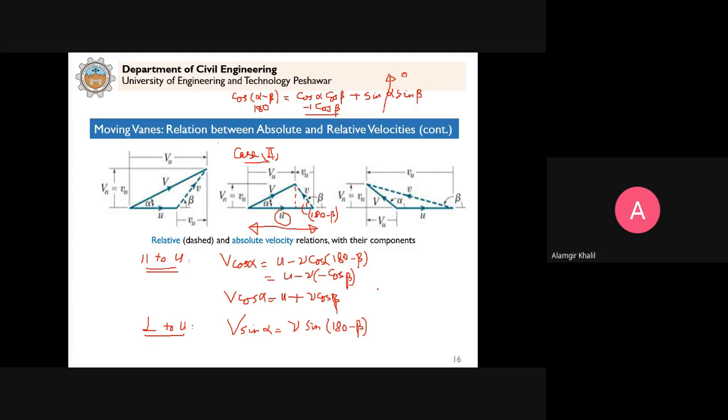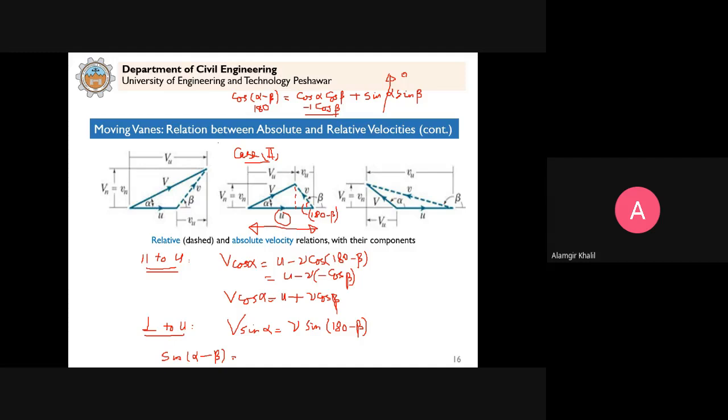Now you already know that we have sine of alpha minus beta. So what is this equal to?